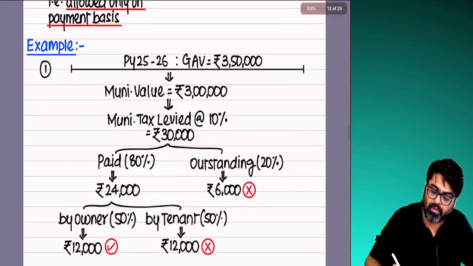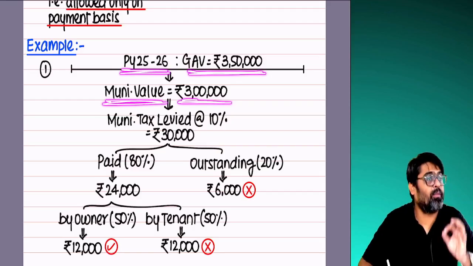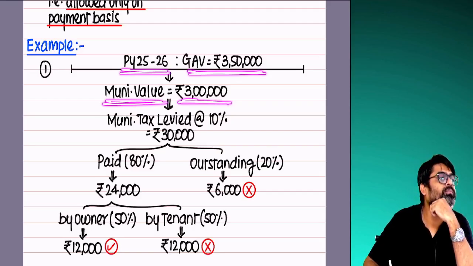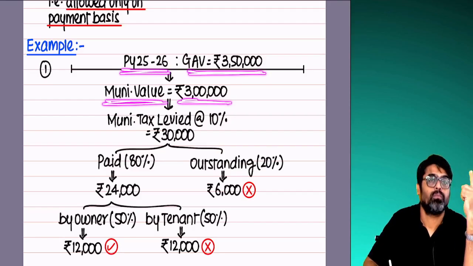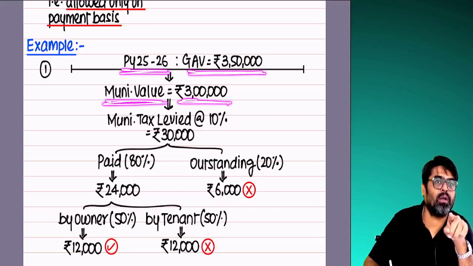Example number 1. This is your previous year. Your GAV is 3,50,000 and the municipal value is 3 lakh. See, municipal taxes are charged by whom? Local authority, meaning the municipality. So the municipality will charge municipal tax on municipal value.